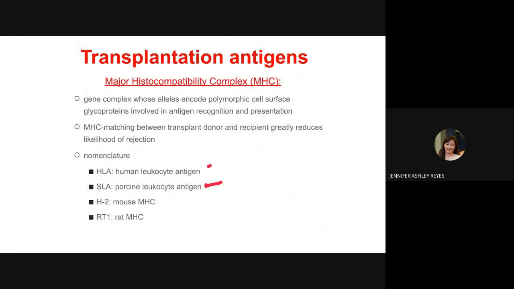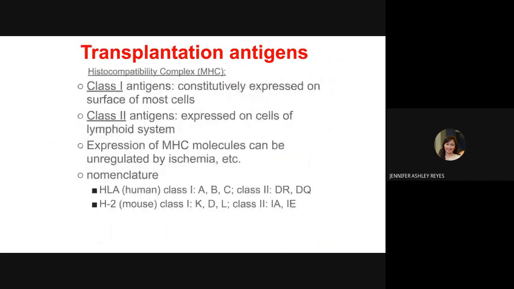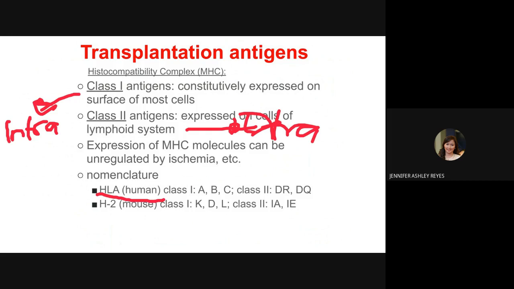So these are the MHC molecules in pigs, H2 in mouse, and RT1 in rats. So class 1, class 2: intracellular peptides, extracellular peptides. So HLA class 1 yung ABC and class 2 yung HLA-D region.